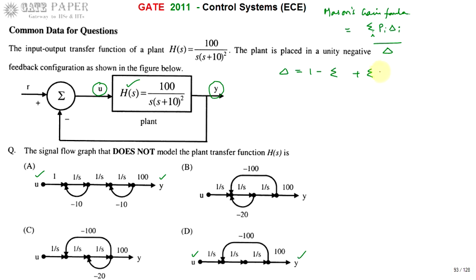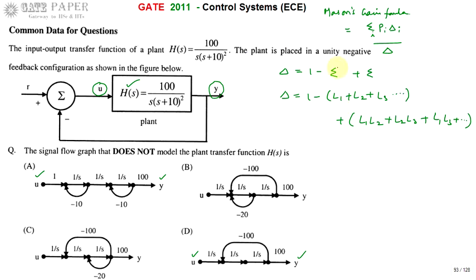So delta is 1 minus (L1 plus L2 plus L3), plus L1 L2 if they are independent, and L2 L3 if they are independent, and so on for all independent loops. This is what Mason's gain formula says.